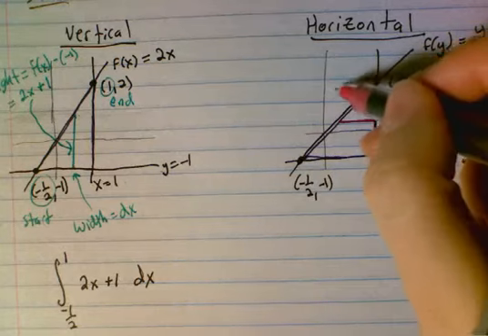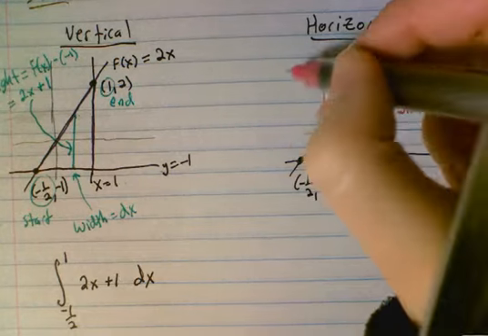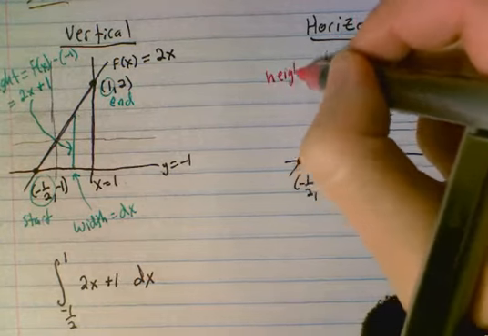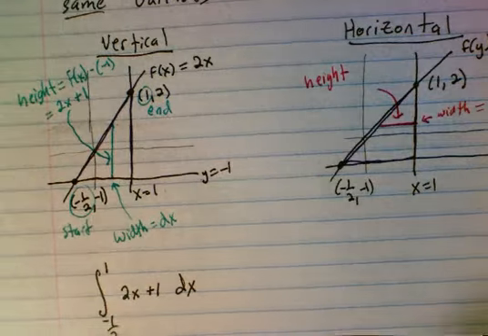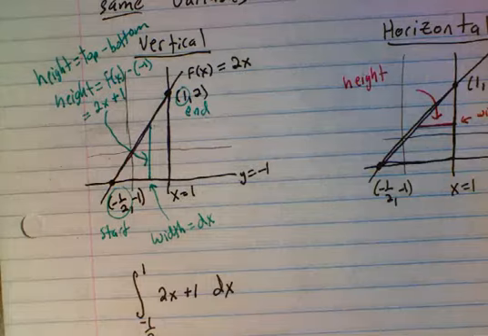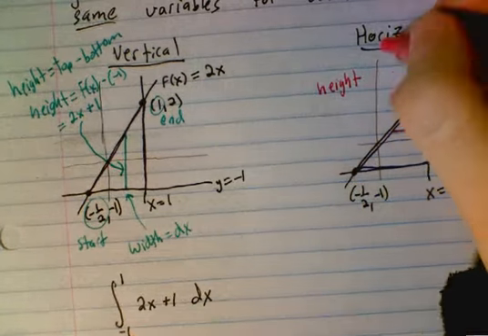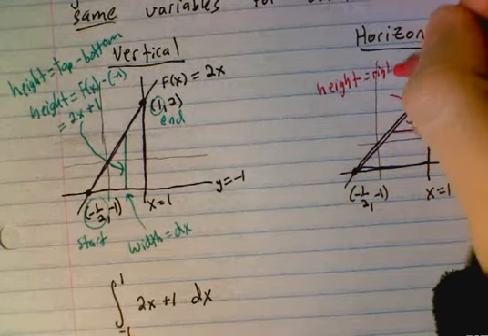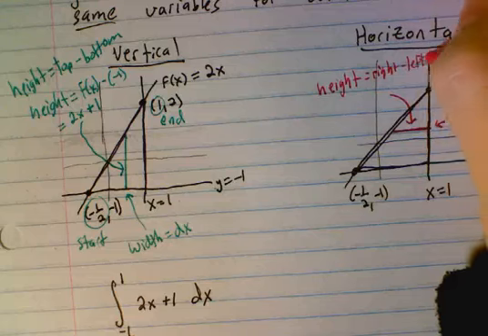To find the height, I should have marked over here that height was the top minus the bottom. Over here, the height is the right minus the left.